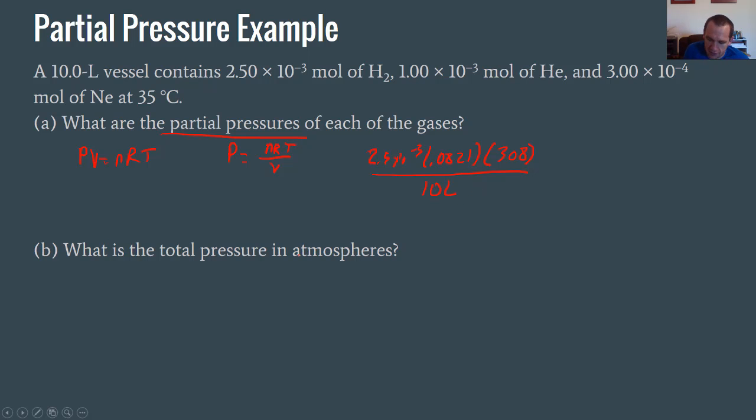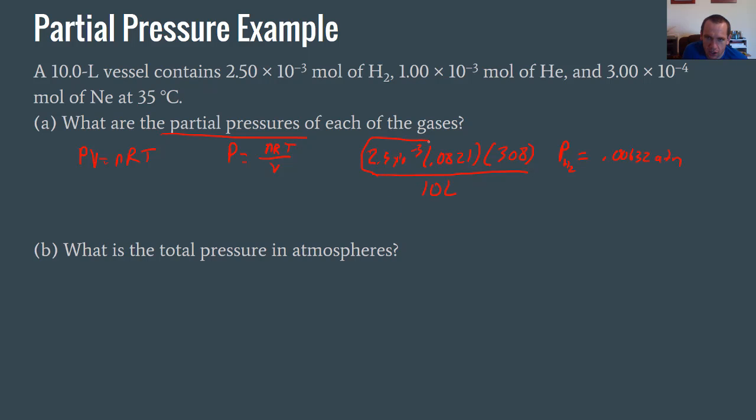This gets us a partial pressure, or the pressure of hydrogen. So I'm going to write that this way: pressure of hydrogen is equal to 0.00632 atmospheres. And you can do that for all of them, right?